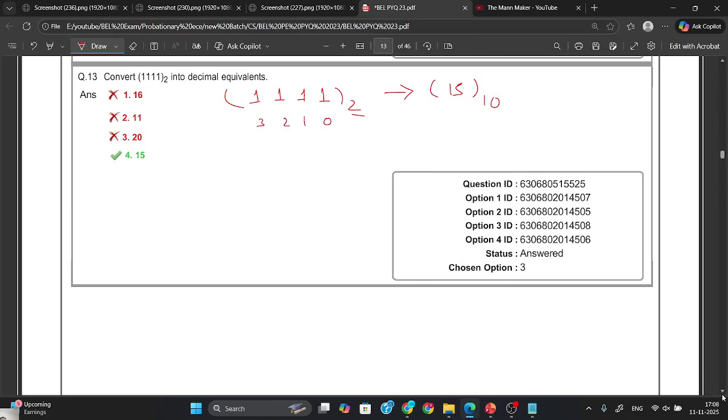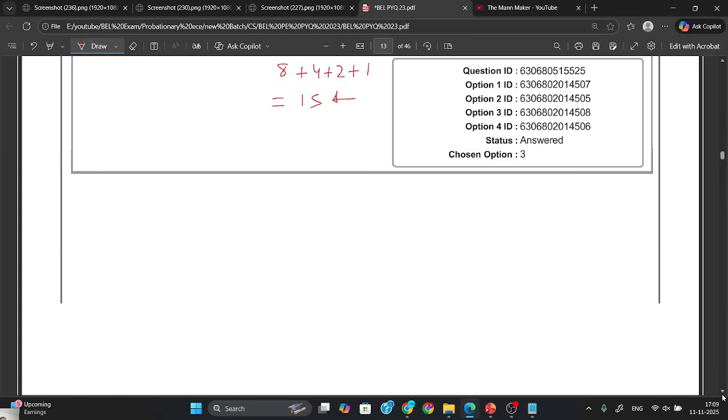Now we have a base of 2. That's why 2 to the power 3 into 1 plus 2 to the power 2 into 1 plus 2 to the power 1 into 1 plus 2 to the power 0 into 1. Now we need to solve this one. This is 8 plus 4 plus 2 plus 1, that is equal to 15 is your answer, option D is your right answer.